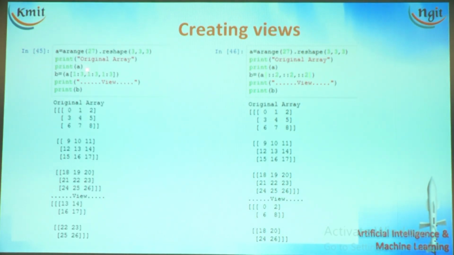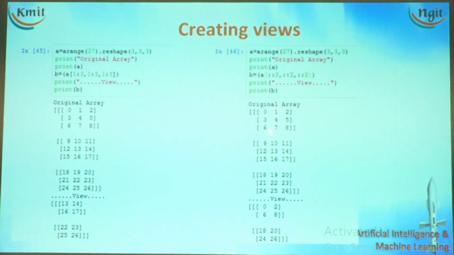1:3, 1:3, 1:3, we already did in the beginning, right? So this is going to give 13, 14, 16, 17, 22, 23, 25, 26. What is happening over here? Yes, it is going to take the steps and give you back the result.